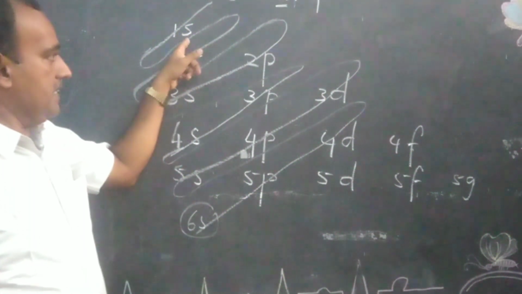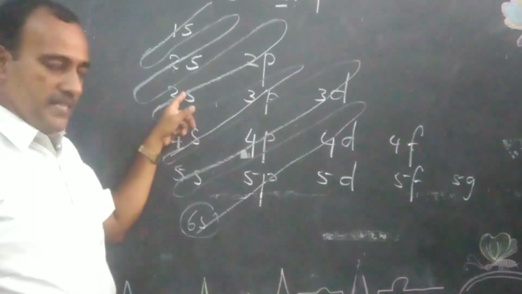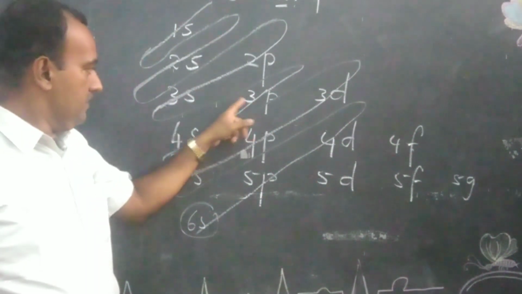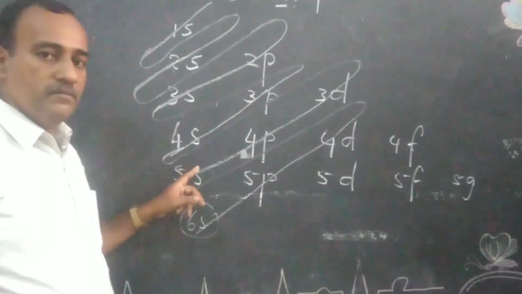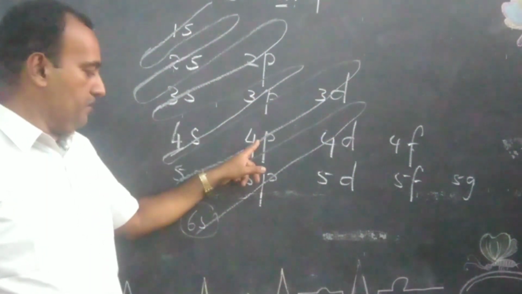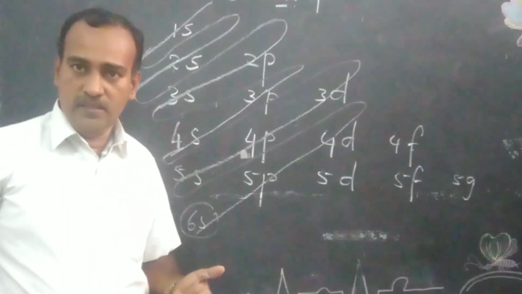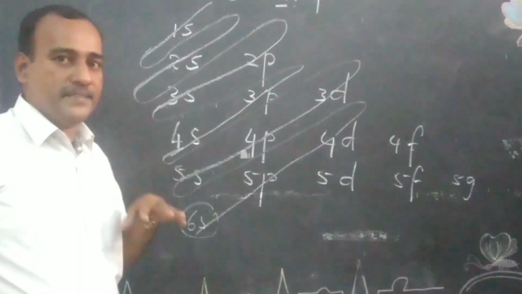From this diagram, you can understand first 1s will fill, second 2s will fill, then 2p, then 3s will fill, then 3p will fill, then 4s will fill, and after 4s again 3d will fill, then 4p will fill, 5s will fill. Like that it goes. So always remember this in your mind.